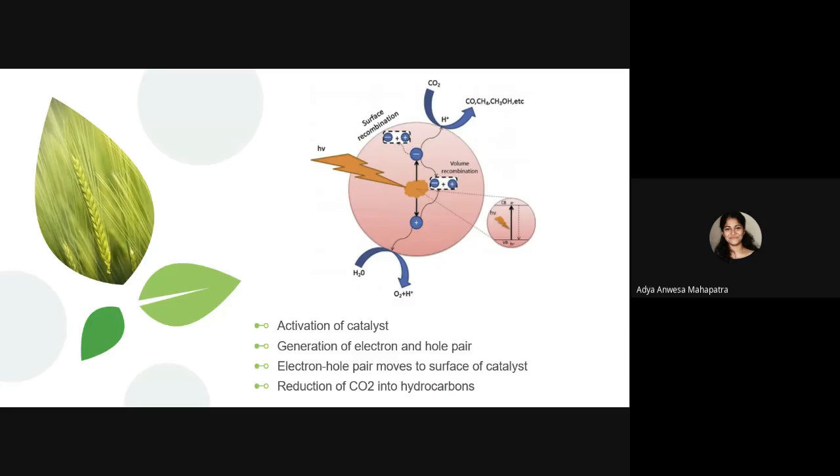Thirdly, the generated electron hole pairs separate and transfer to the surface of the catalyst. And in the fourth step, the reduction of CO2 takes place on the surface by the negative electron, and that generates corresponding products such as CH4, CH3OH, carbon monoxide, and other such hydrocarbons.